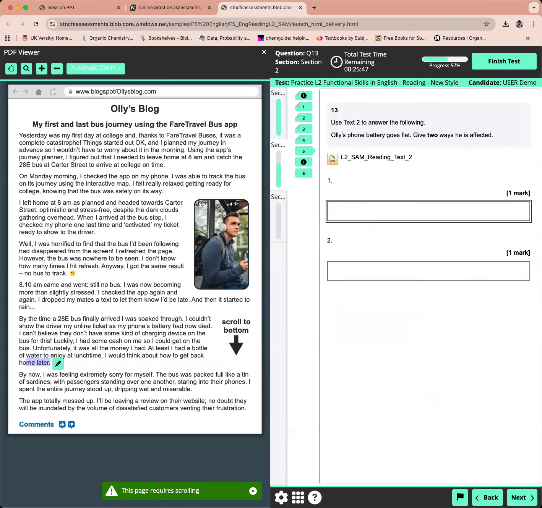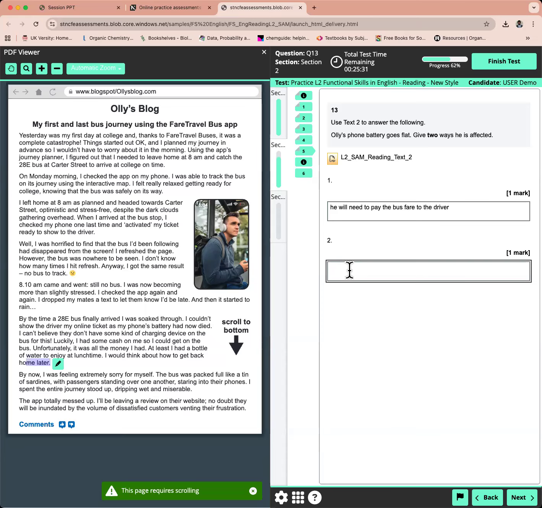So, one, he will need to pay the bus fare to the driver, because if the phone battery is off, there is no way that you'll be able to use the electronic ticket or the app to show your ticket.